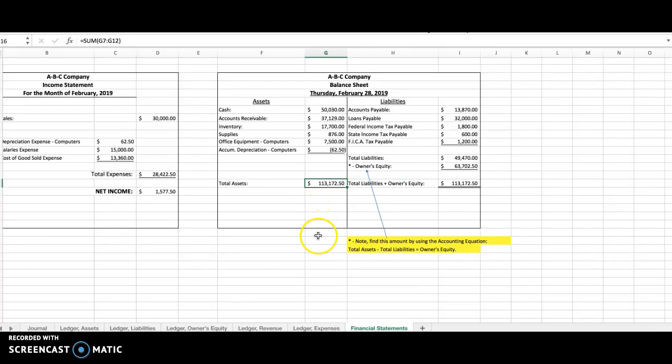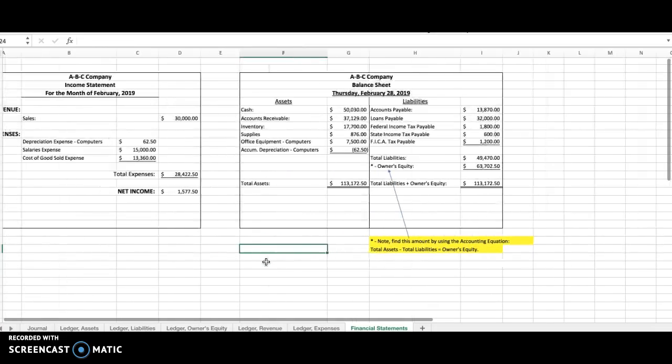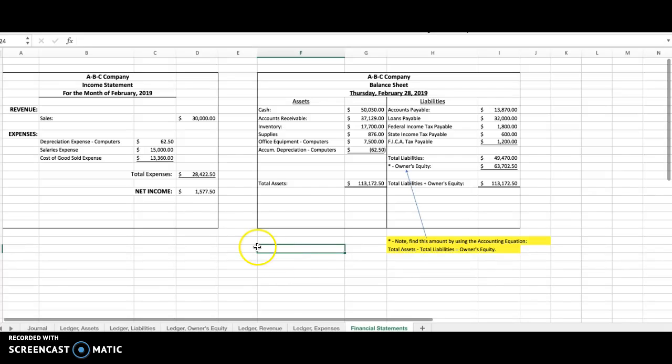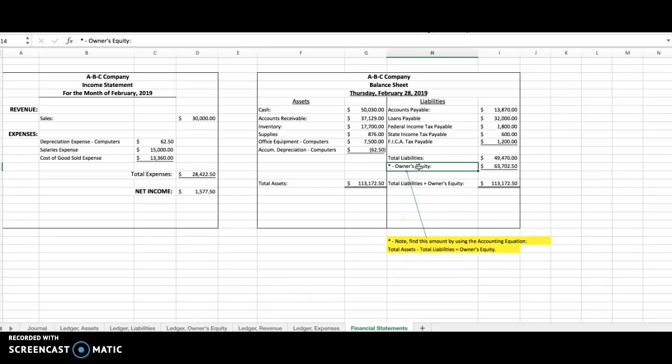Now, one point I want to make, and I make this here because this is what we will be looking at in topic 9, the very last thing we have to do. All of our income statements and our balance sheet, hopefully all these numbers are correct at this point, but to verify it, we have to double check on owner's equity.